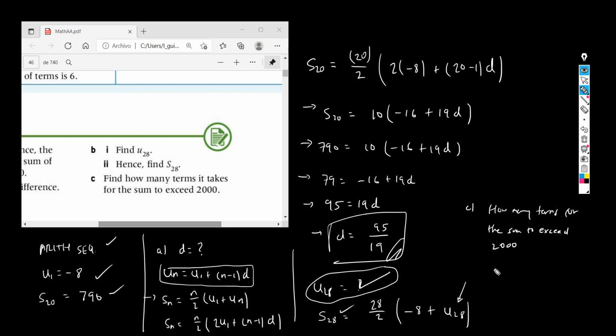I'm going to use this formula and I'm going to replace Sn with 2000, right? Equals n over 2 times U1, which is this much. Well, no, actually, this is gonna be unhelpful. This is not gonna work. Find how many terms for the sum to exceed 2000.